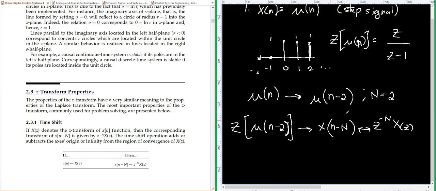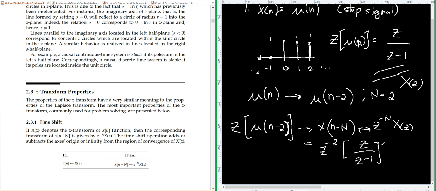So let's use this one. This states that it's just like multiplying Z to the negative 2 to your answer Z over Z minus 1, which is the original X(z).